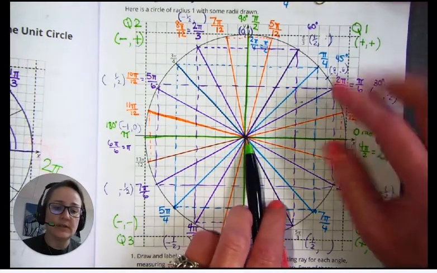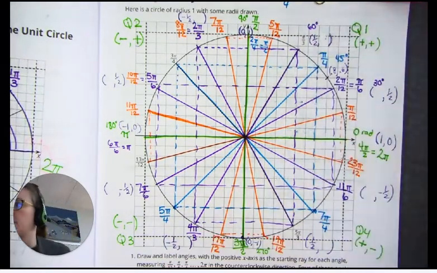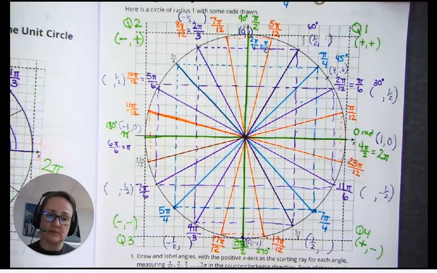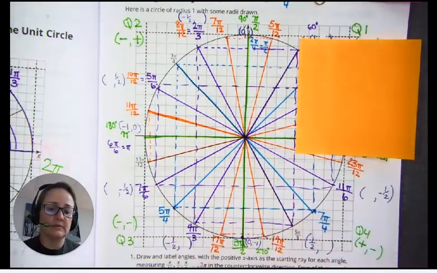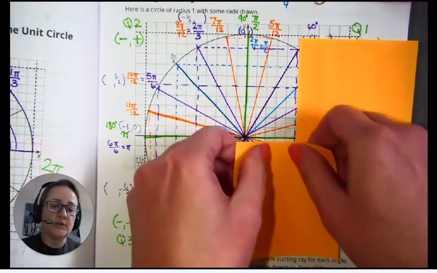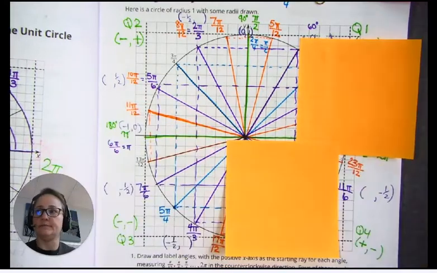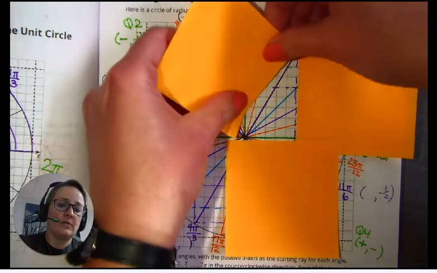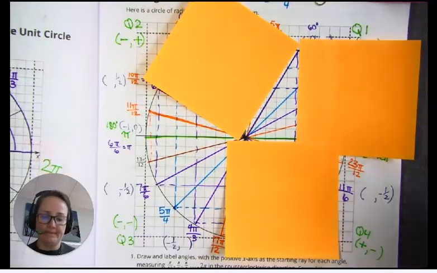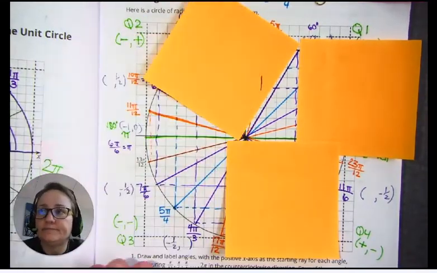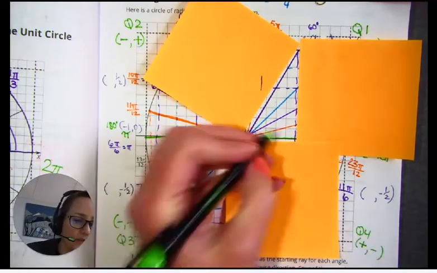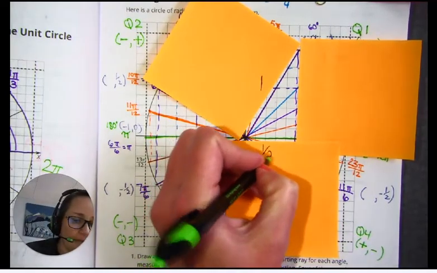So I just want to get you thinking now. I'm going to use some post-it notes to help me isolate that idea. What we have is a triangle right here where the hypotenuse is 1. We set our x-coordinate, our length is 1/2.